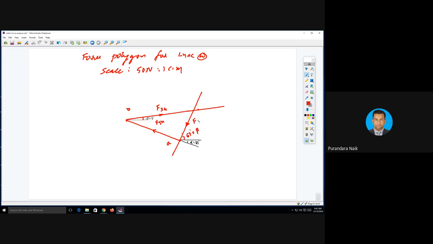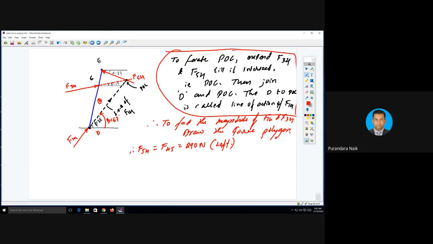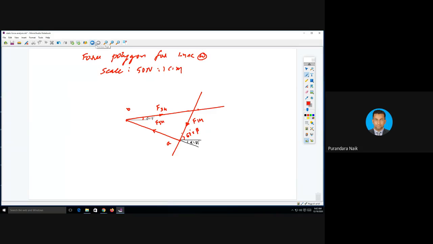This is F14. I have shown it like this, but it is not known whether it is upward or downward, but I'm getting that it is downward.